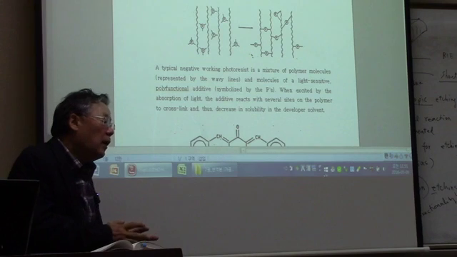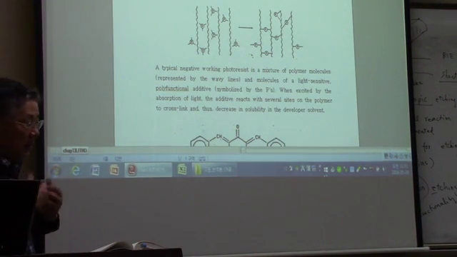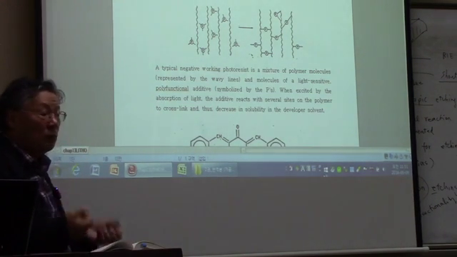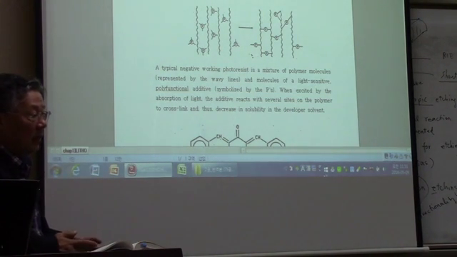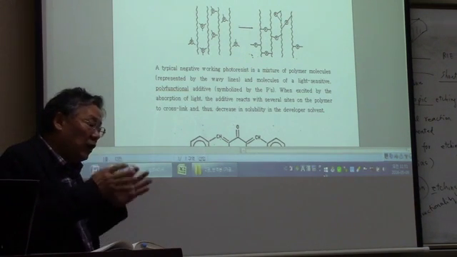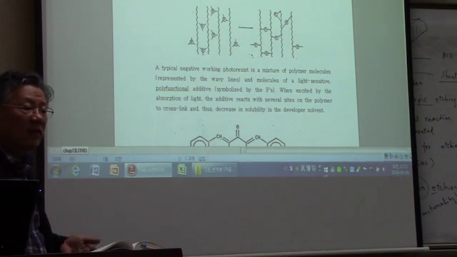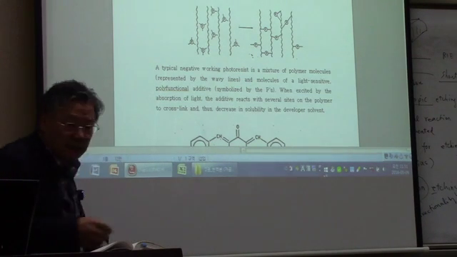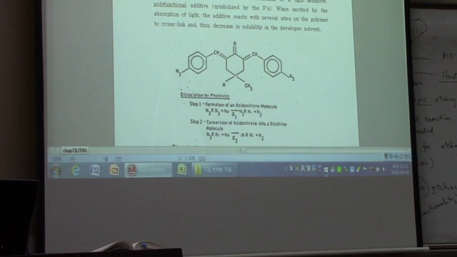The portions of negative photoresist with the light will have a cross-linking promoted by the promoters and become very heavy materials, and so they are not going to be dissolved in the developer. Okay? That's how you can create the patterns with exposure.